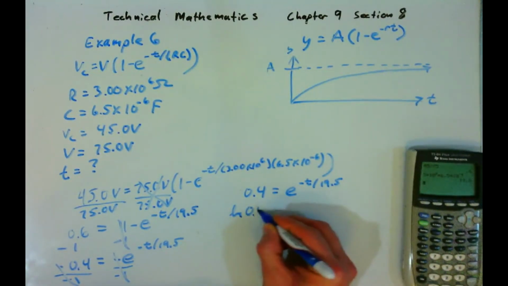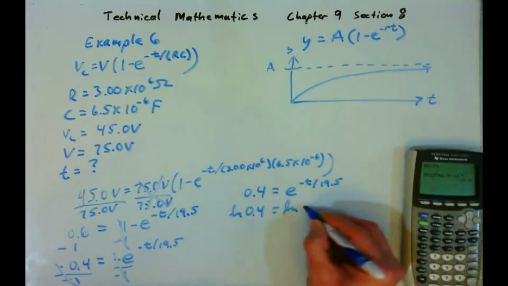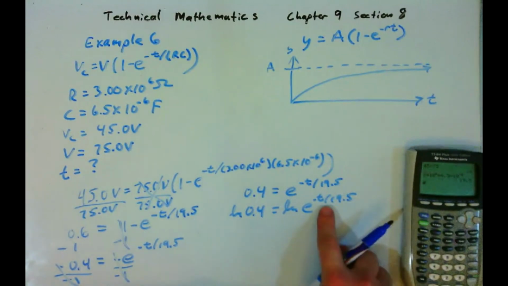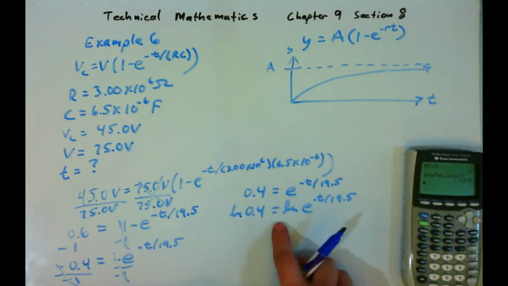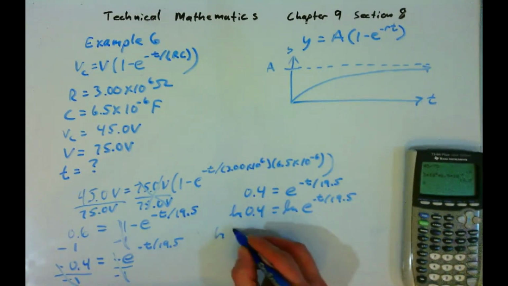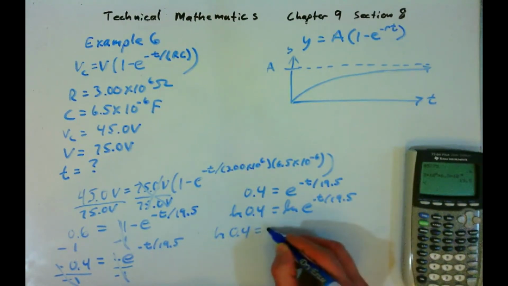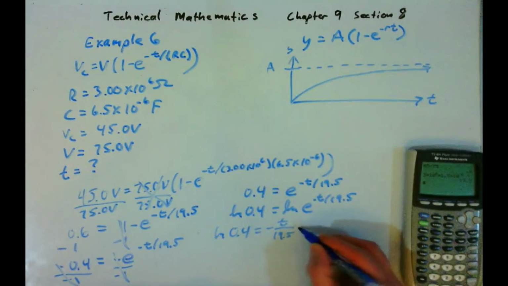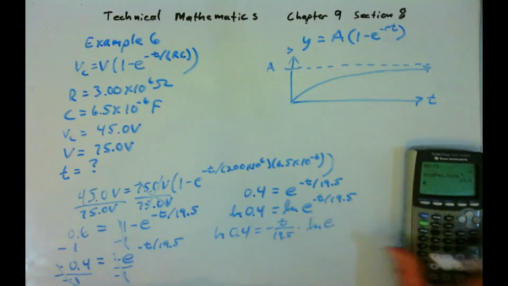We get the natural logarithm of 0.4 is equal to the natural log of e to the negative t over 19.5 power. That allows me to bring the exponent out as a multiplier. So you get the natural log of 0.4 is equal to negative t over 19.5 times the natural logarithm of e.